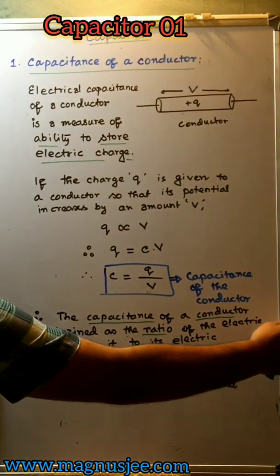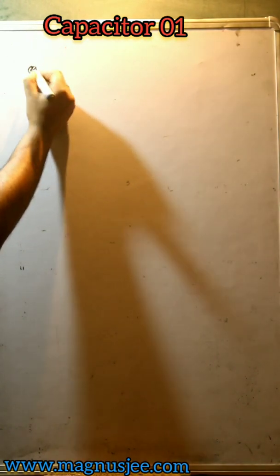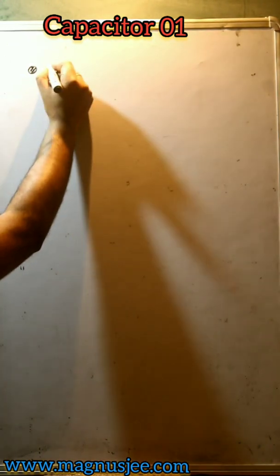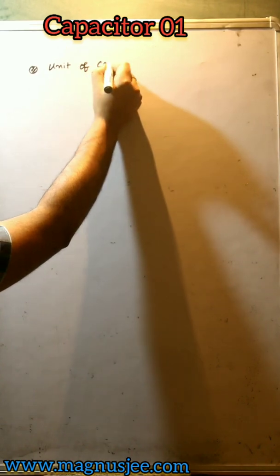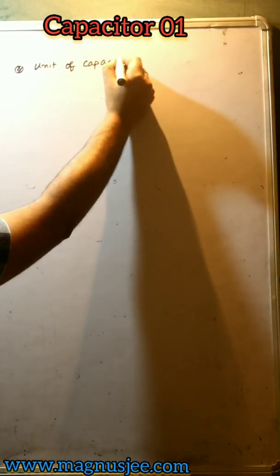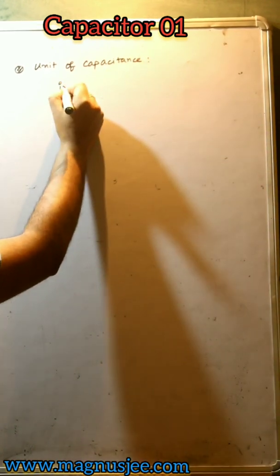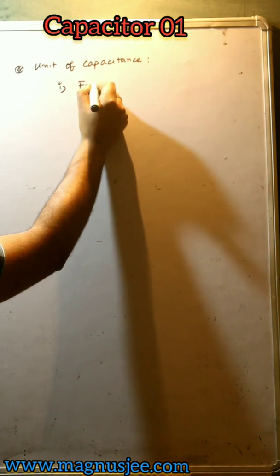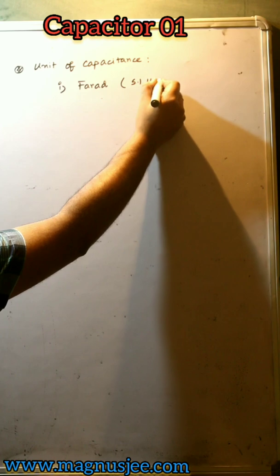Then what should be the unit of capacitance? We have to mention that. The unit of capacitance, number 1, is farad, which is the SI unit.